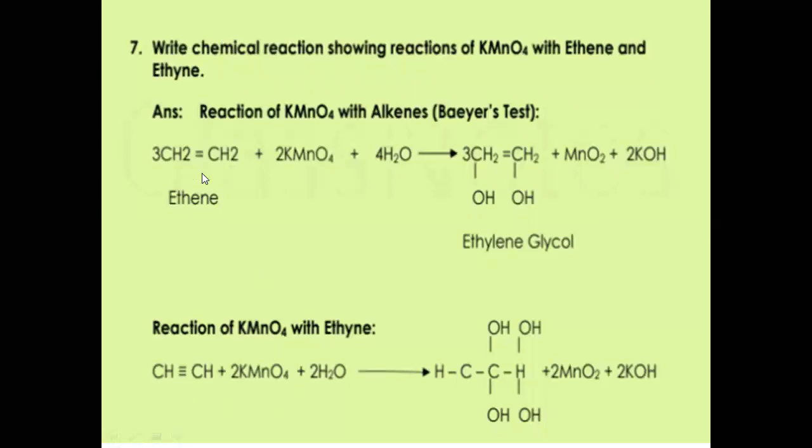In the Baeyer test for alkenes, I told you when an alkene, for example ethene, reacts with a dilute solution of alkaline potassium permanganate, it will give us the product ethylene glycol, while ethyne reacts with a concentrated solution of alkaline potassium permanganate, and the final product is oxalic acid.